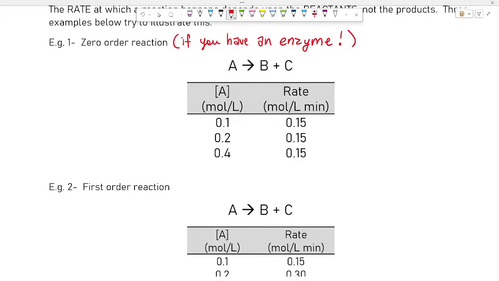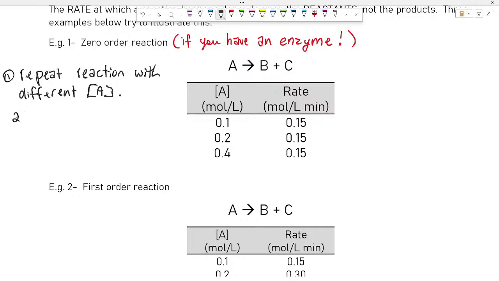So in this case, you'll actually see this sometimes. How do we test to know what the rate is? Well, we say, okay, we're going to do the reaction multiple times. So we're going to repeat the reaction with different concentrations of A, and we're going to compare the rate of each. Does that make sense?